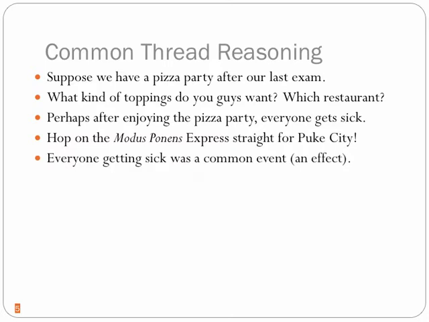So in this case, everyone getting sick is something that's common, right? It happens to everyone, as opposed to the earlier example where the high average is something that's atypical. So we have a common event, and we're looking for the cause. The cause of a common event we call the common thread.